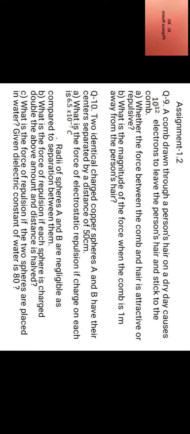B. What is the force of repulsion if each sphere is charged double the above amount and distance is halved? C. What is the force of repulsion if the two spheres are placed in water, given the dielectric constant of water is 80? Okay, so these are the questions you have to solve on the basis of the text that you have learnt.